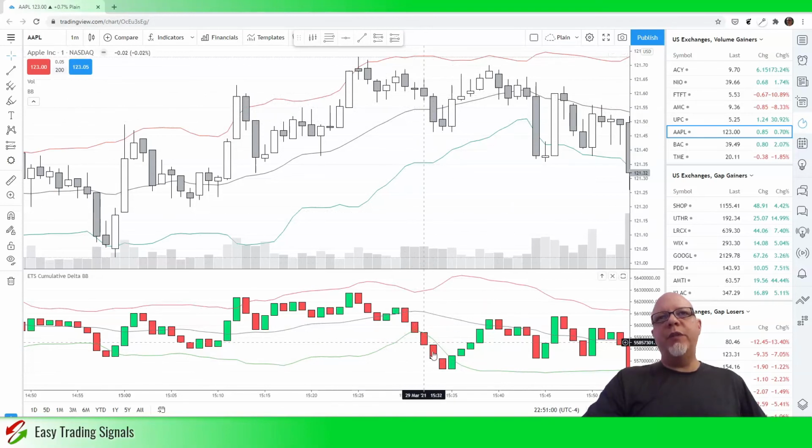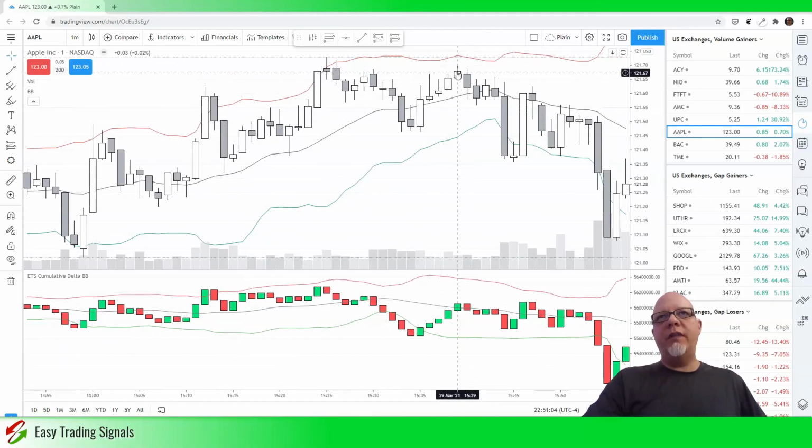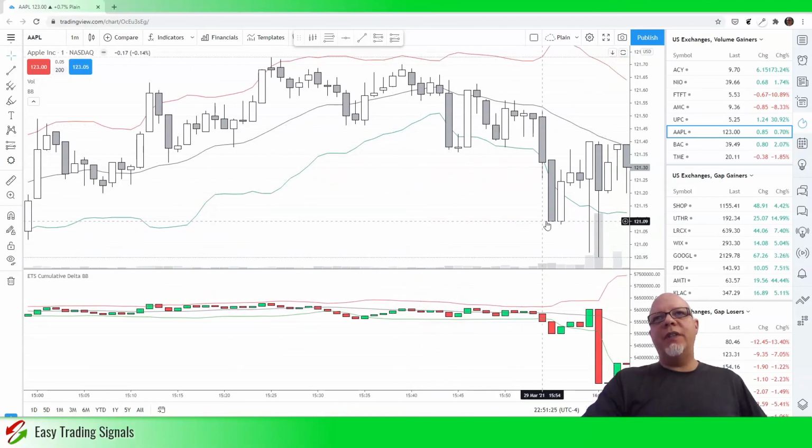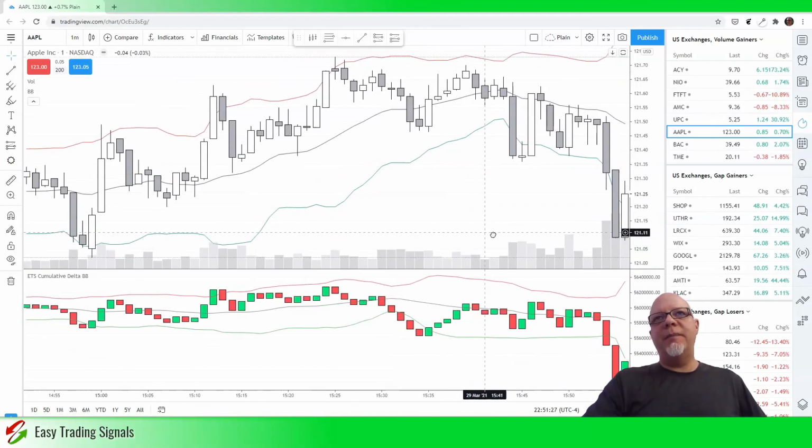So we have this move down, and then we have a slight move up, and it seems to recover quite a lot on price. But when you look at cumulative delta once again, it is actually much lower. It doesn't reach the same heights at all as it did with price. And then soon after, it just crashes down.